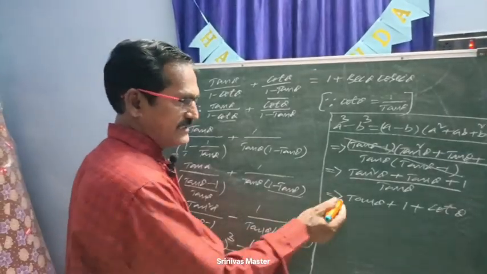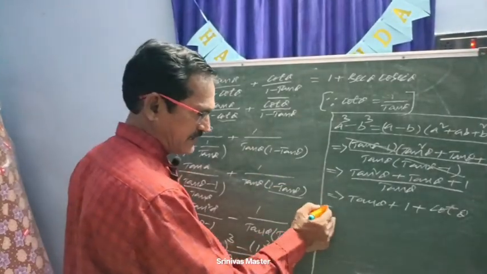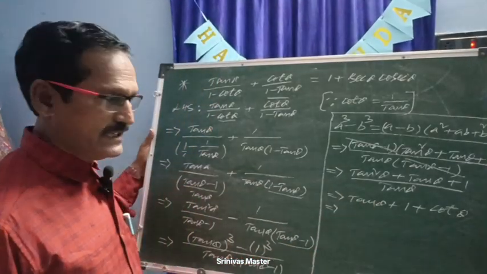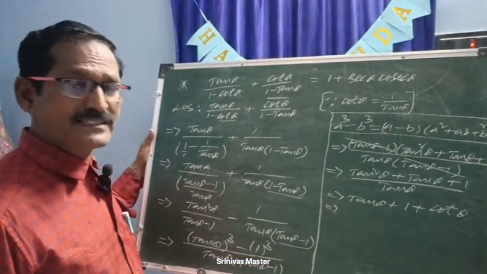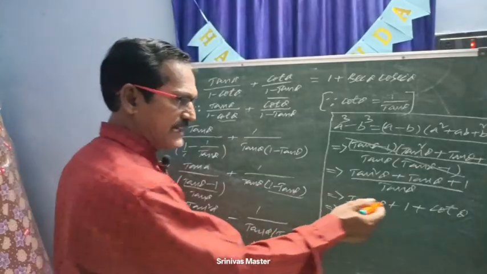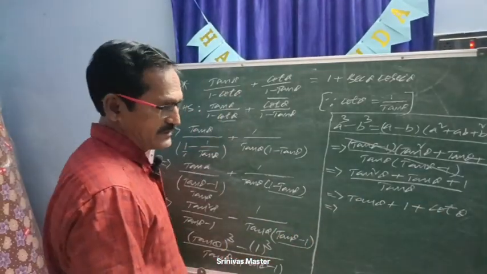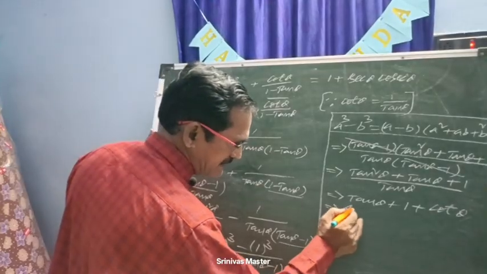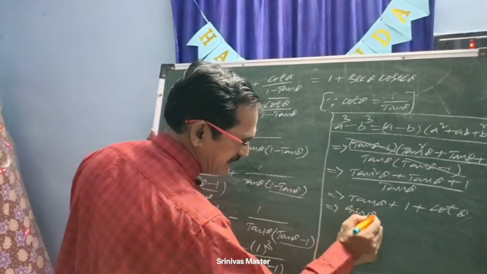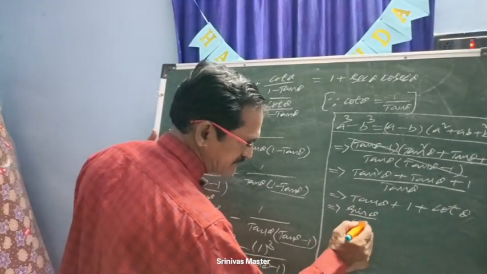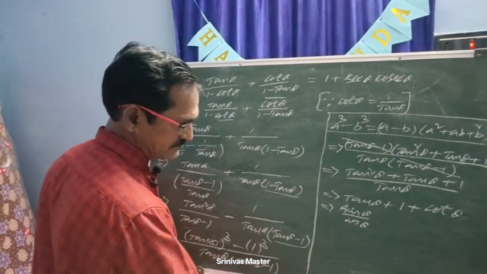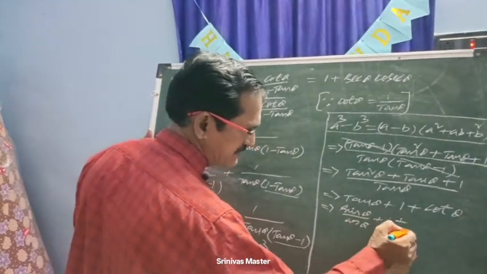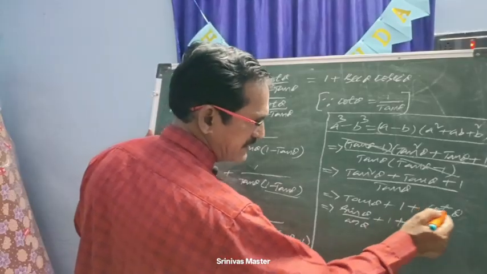Right? Now still we didn't get that result. So we can write tan as sin by cos, and cot as cos by sin. So both tan and cot you can write in terms of sin and cos. Tan theta can be written as sin theta by cos theta, plus 1 as usual, plus cot theta.